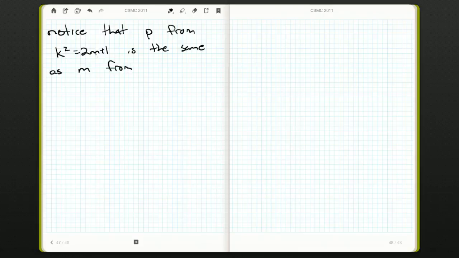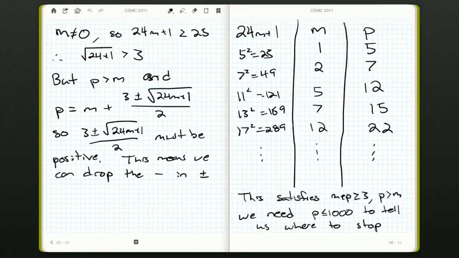So the p from some sort of k squared equal to 24m plus 1 is the same as m from, if we go down 2 from the list, plus 6, right? Yeah, we go down the list by 2, we've shifted the whole thing over.